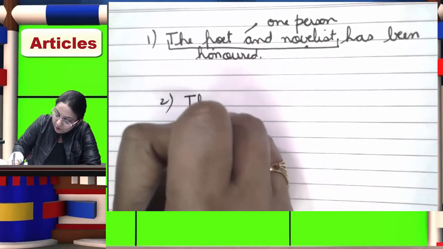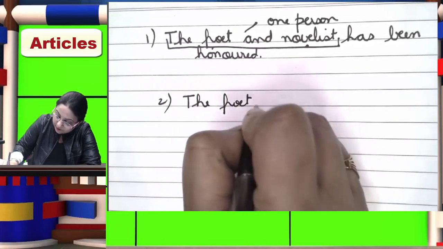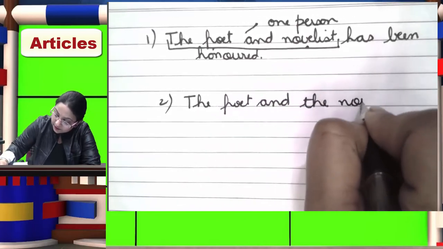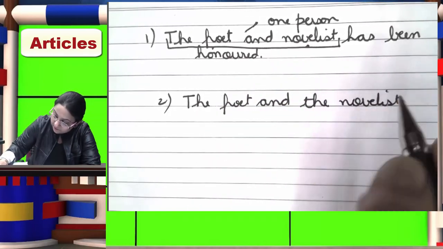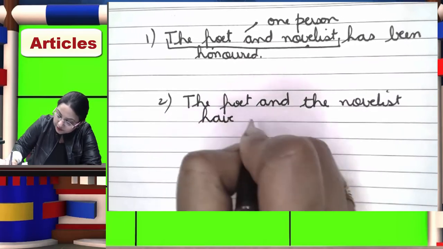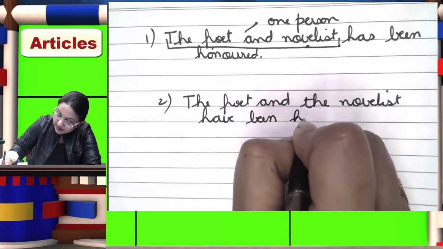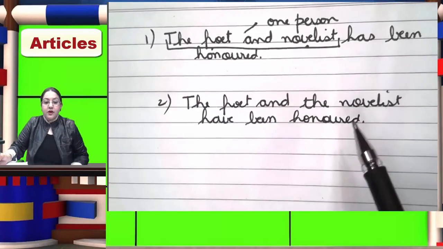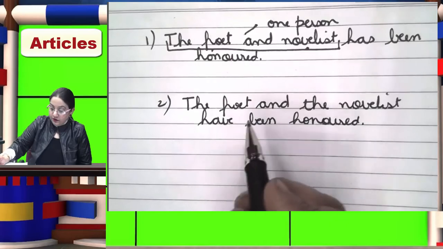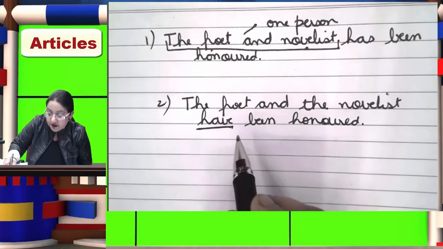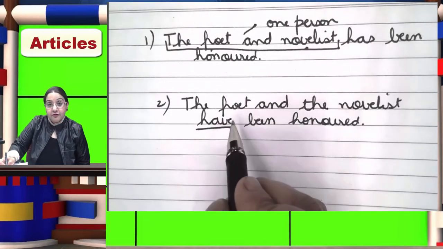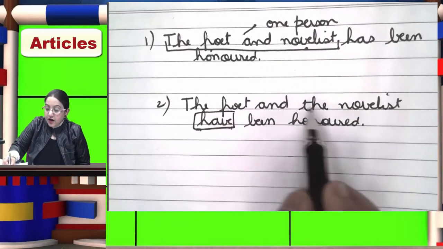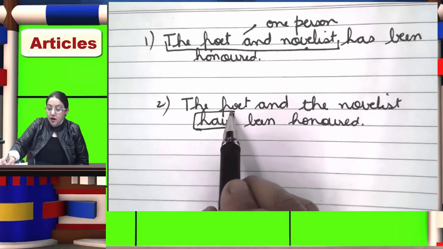Now let us take another case. The poet and the novelist have been honored. Now when I say the poet and the novelist have been honored, when I read this word have, I come to know that here we are talking about two different persons.